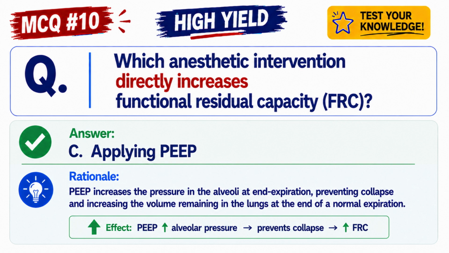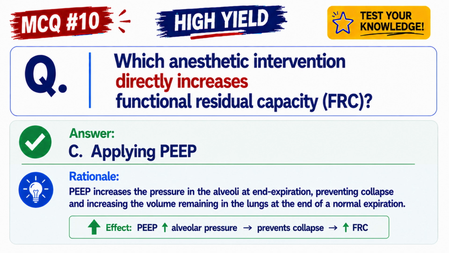Now, the wrong answers. Trendelenburg positioning, legs up, head down, further pushes abdominal contents onto the diaphragm, decreases FRC, opposite of what you want. Increasing FiO2 alone delivers more oxygen but does nothing to the mechanical volume of the lung.